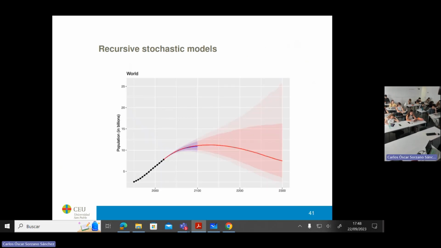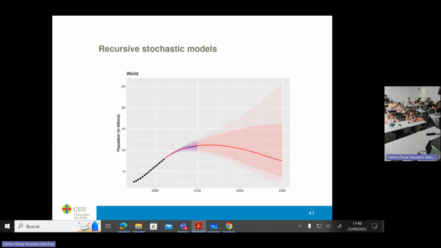For instance, in this paper, they made projections of the size of the population in the world for different years. And this is also something interesting in general in models. Your models can be very accurate for the kind of data you have seen.